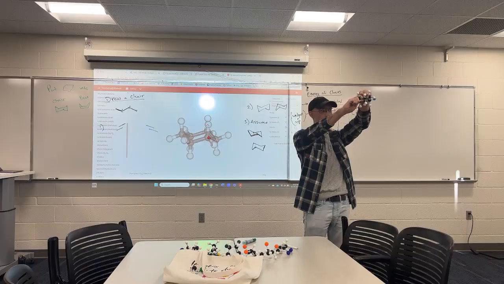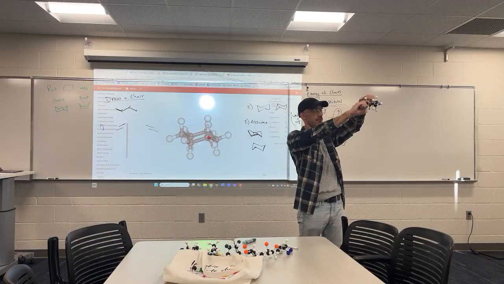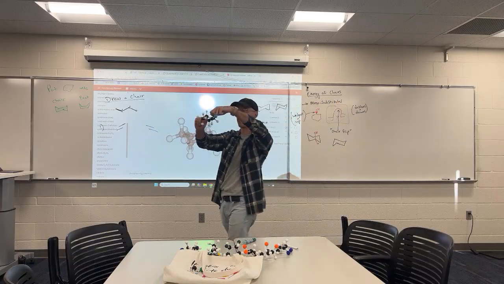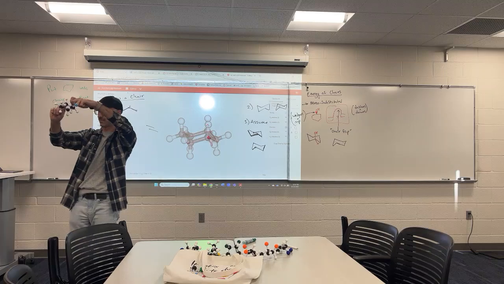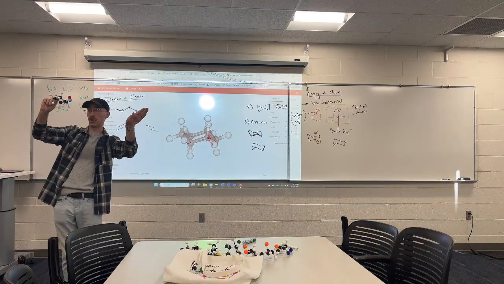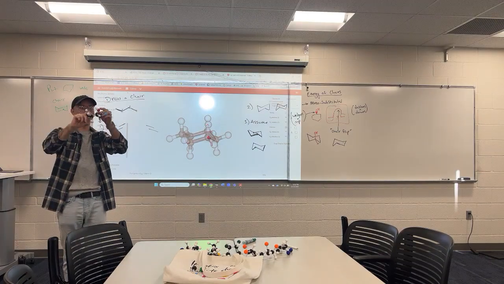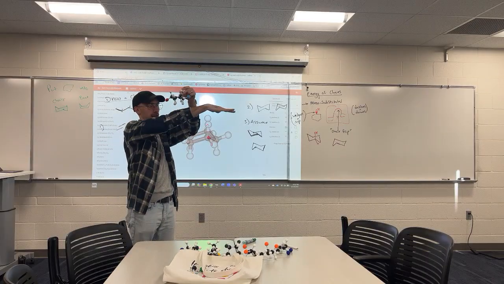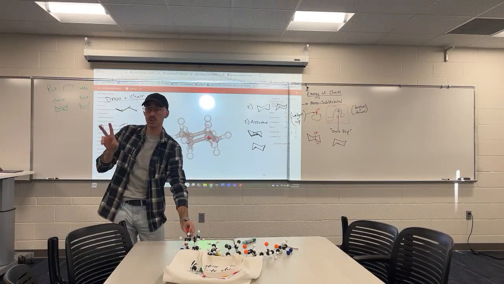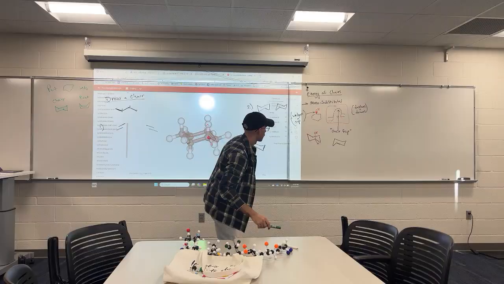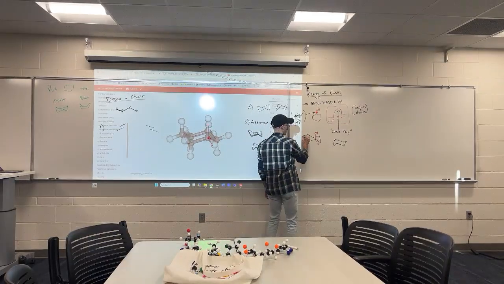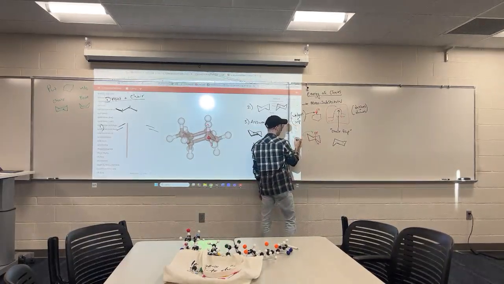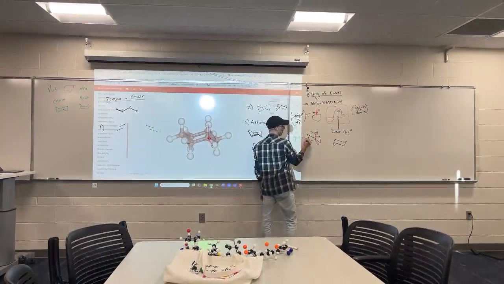Is it pointing straight up? How can you describe its orientation? A little bit up. It's almost like it's even with the equator of the ring. So we named two positions here where it's pointing straight up. We call that up axial.